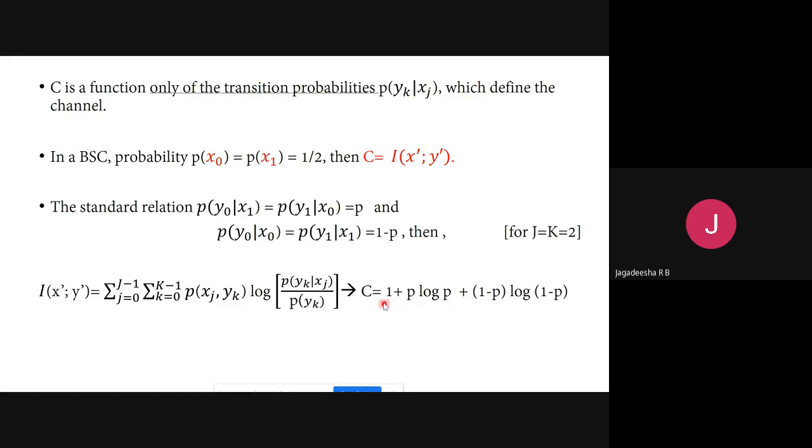So this 1 comes from this case and this case, and 1 comes because the probabilities are equal. So when you have equal probability, probability of x0 is equal to probability of x1 is equal to half, both are equal to half, then the total probability is 1.